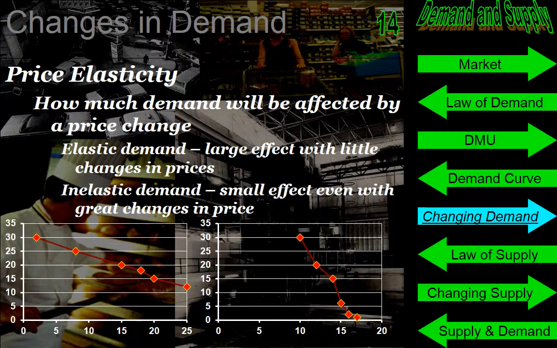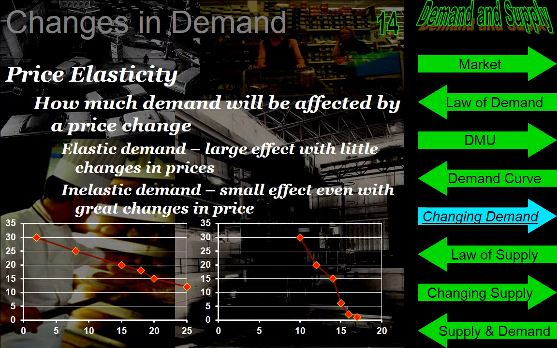If you look at the graph on the left on slide number 14, that is a curve that shows elastic demand. You see that going from $30 to $25, the slope is pretty low. As it goes all the way across, you see that from $30 to about $11, we've gone from about 1 to 25.